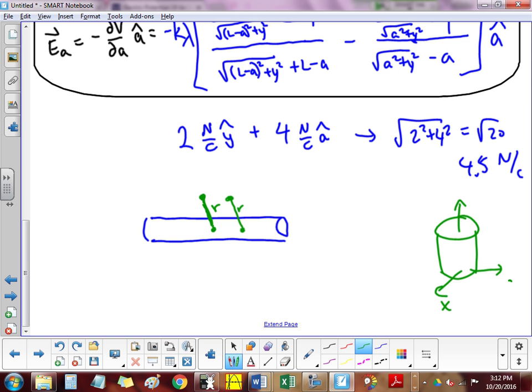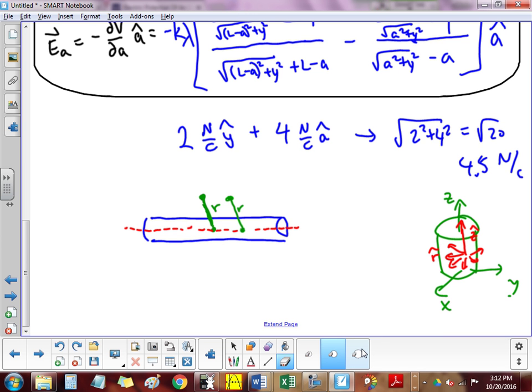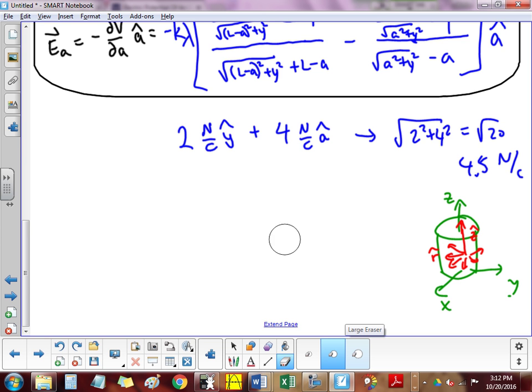Some of you took my calc class last year, so you know what I'm talking about. Moving along the axis of the cylinder in the direction parallel to the axis of the cylinder has always in cylindrical world been called the z direction. So z hat would be this way, r hat would be radially outward, like that. So it might make more sense, I know that this is not how we did the problem, but it might make more sense instead of calling this y to actually call this r hat.